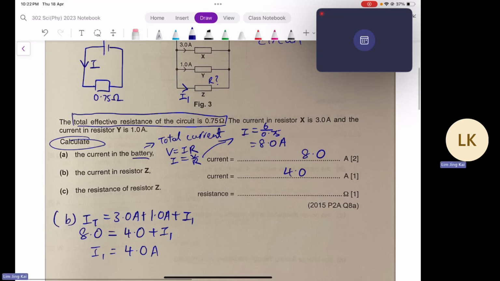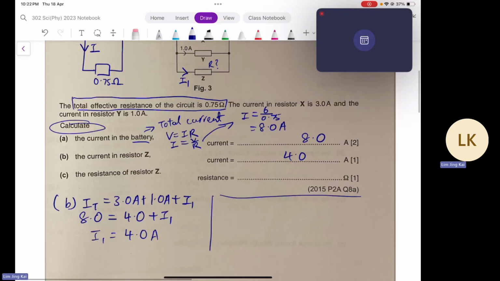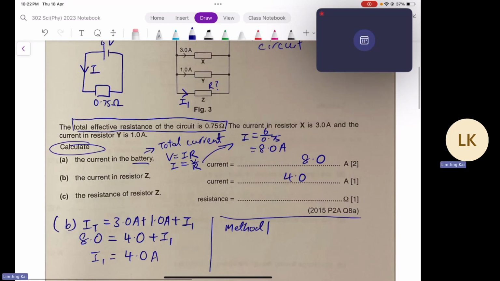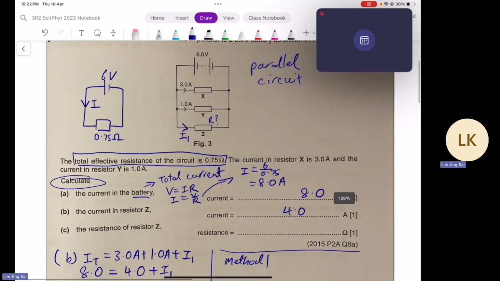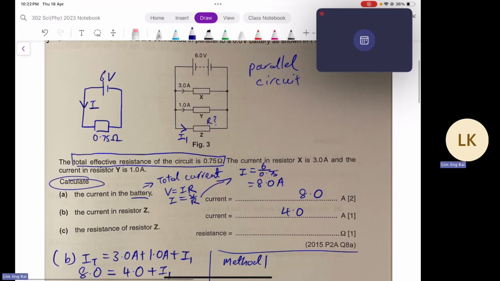Now, for part C, you are tasked to find the resistance of resistor Z. There are a few ways to do it. I'm going to explain each individual way. First method: since this is a parallel circuit, and I know my current I1, I know that the EMF, the 6 volts here, is the potential difference across the resistor Z as well.